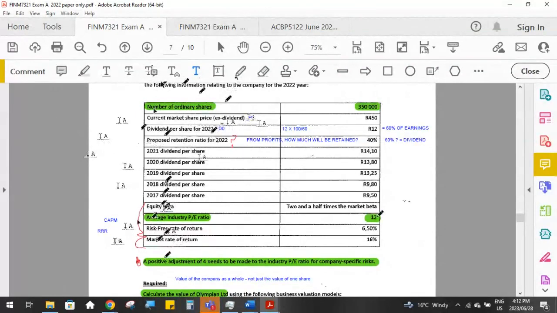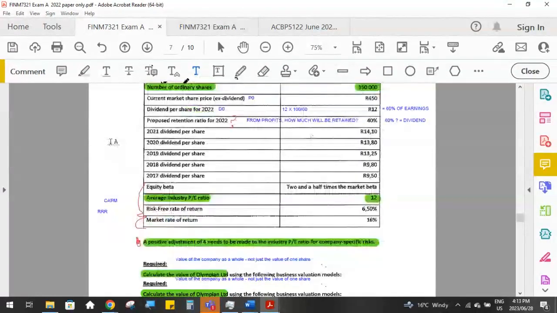Then we've already used the proposed retention ratio, and then what have they given us? My dividend per share for the last 5 years. So I've got 6 years' worth of dividends. From 2017 all the way through to 2022, I know what the actual dividend was that has been paid.